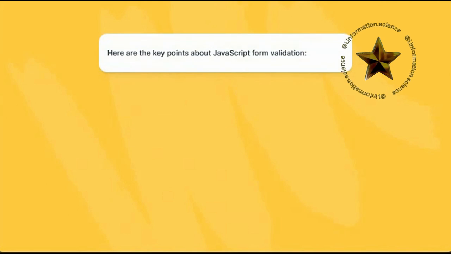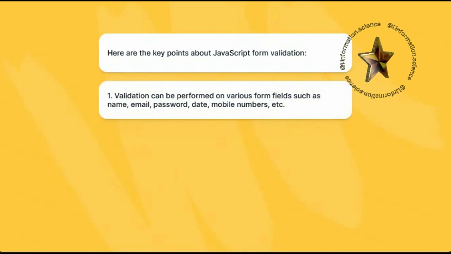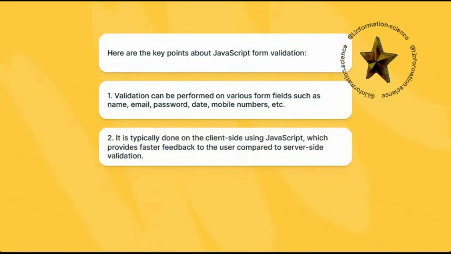Here are the key points about JavaScript form validation. 1. Validation can be performed on various form fields such as name, email, password, date, mobile numbers, etc. 2. It is typically done on the client side using JavaScript, which provides faster feedback to the user compared to server-side validation. 3.